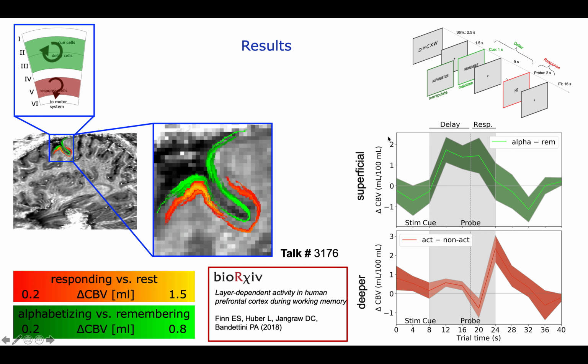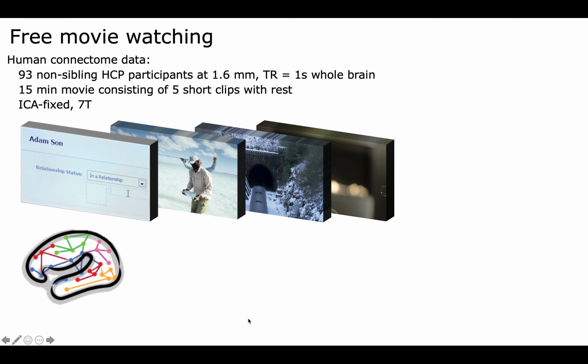This is made even better visible here in the group results of the time courses of 16 participants averaged, where the working memory superficial layers shoot up as soon as the participants start with this mental alphabetization, and when they find the right order, it goes back to baseline. Whereas the deeper output layers don't really care so much about this alphabetization, and they only shoot up as soon as they need to do the response much later. And if you want to hear more about it, check out Emily's preprint here.